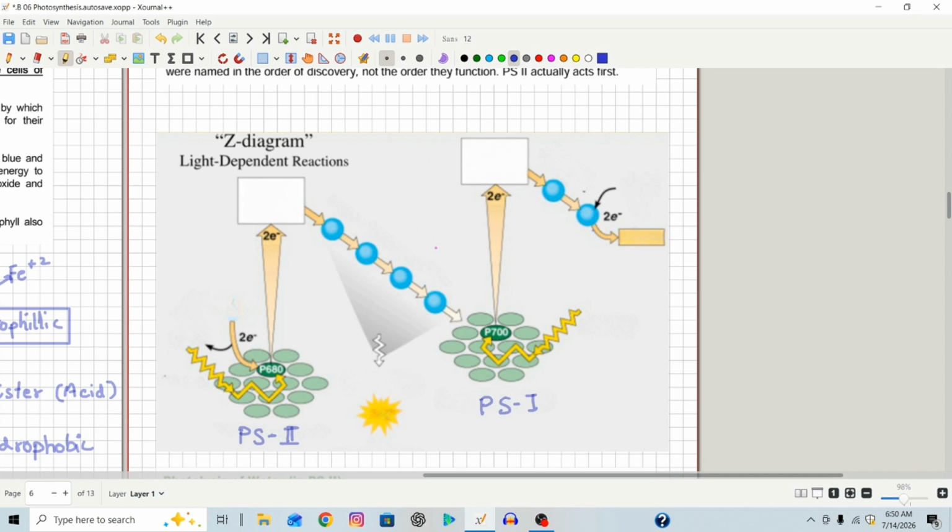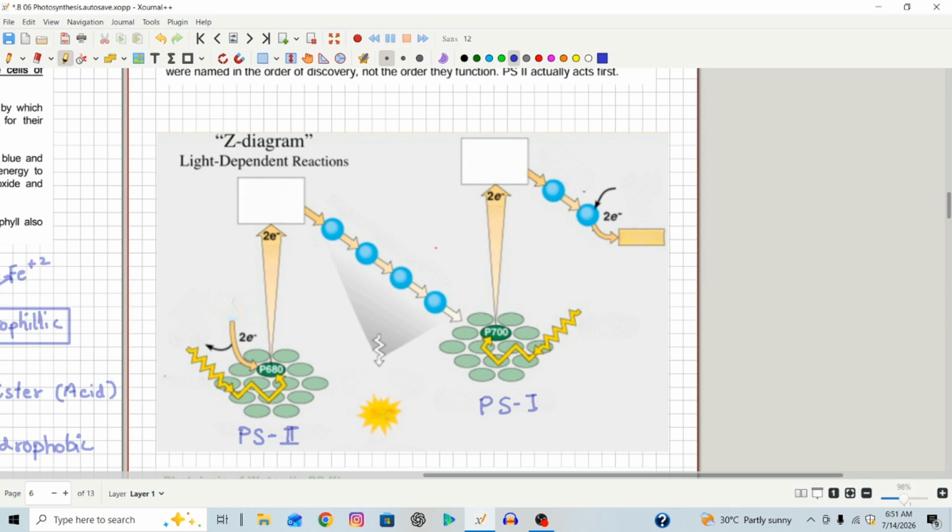P700, or photosystem 1, was discovered first and photosystem 2 was discovered later. So they are actually named after their discoveries. The photosystem that contains P700 was discovered first, so that's why it is called photosystem 1, while the photosystem that absorbs the light of 680, P680, is photosystem 2 because it was discovered later.